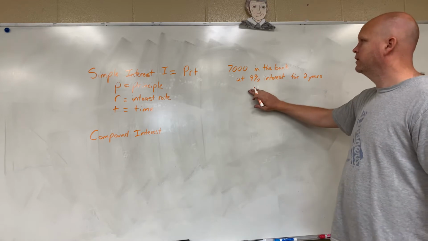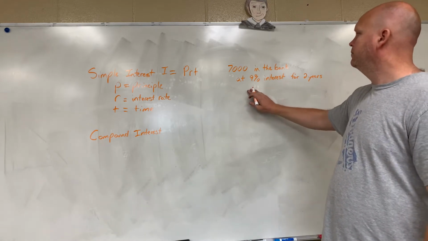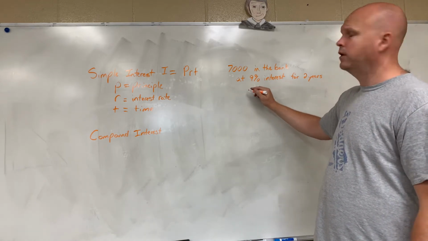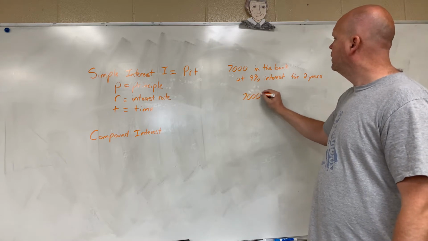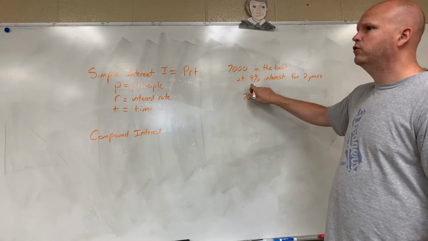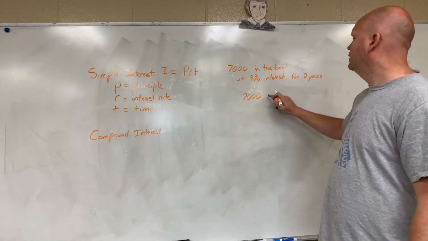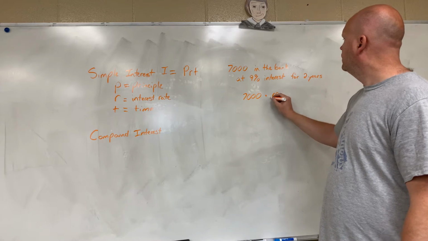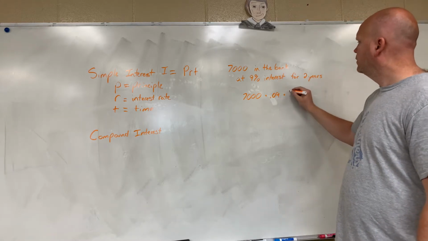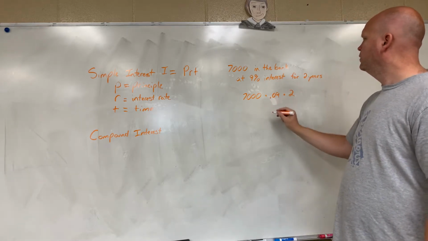So using this as the example, this is your practice set A problem. We would do 7,000. We have to turn 9% into a decimal, so times 0.09, and then it's for 2 years, so we times it by 2.